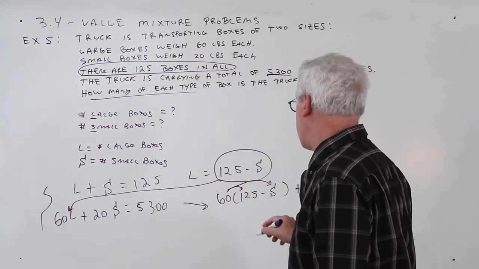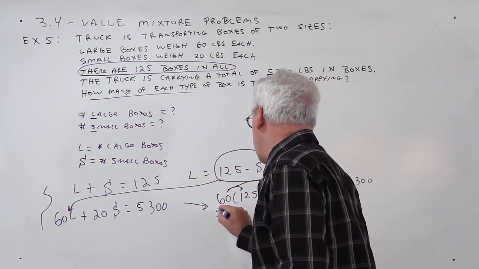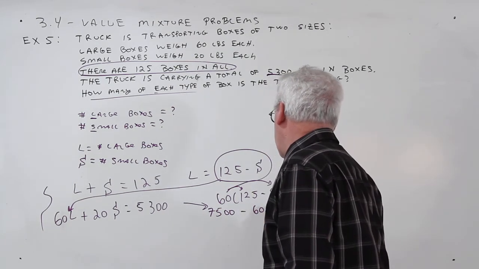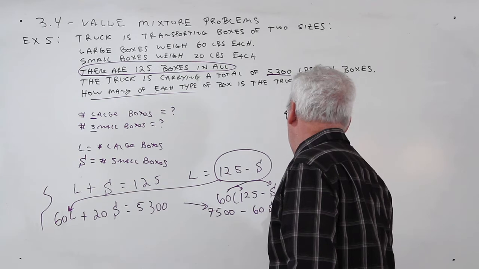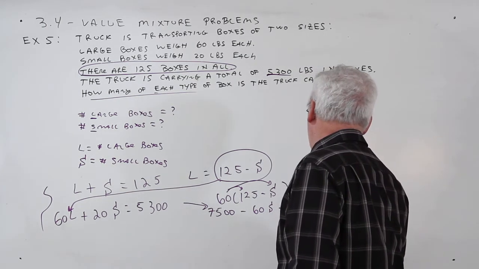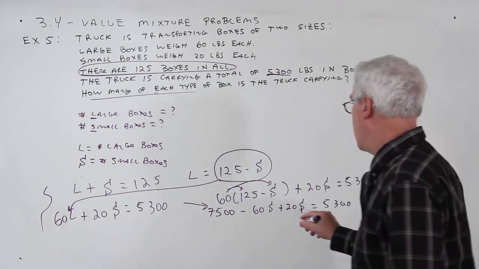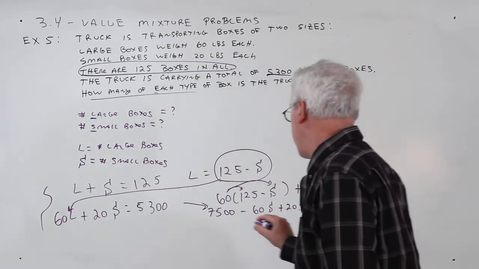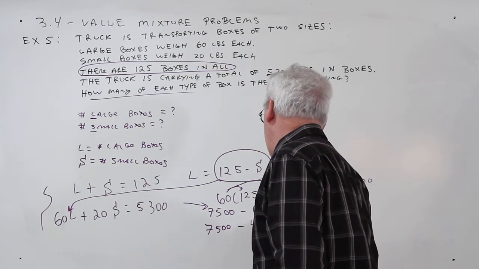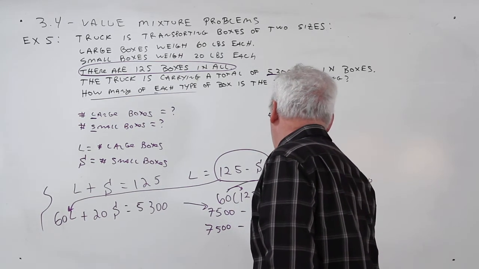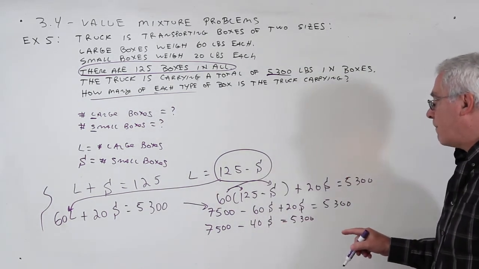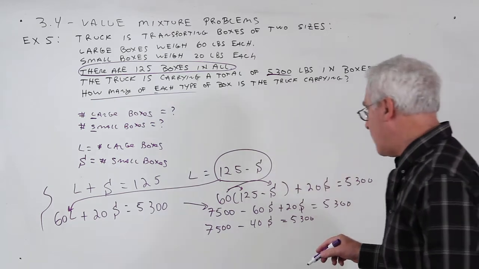So that's going to be 7,500 minus 60S plus 20S equals 5,300. Combining the terms, 7,500 minus 40S equals 5,300. I could subtract 7,500 from each side.